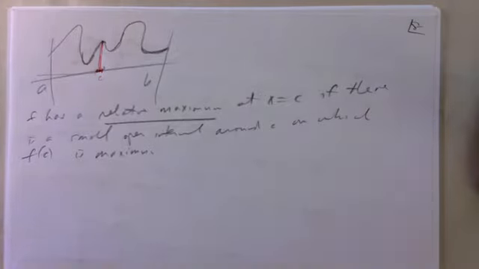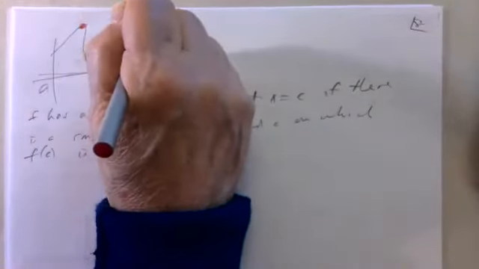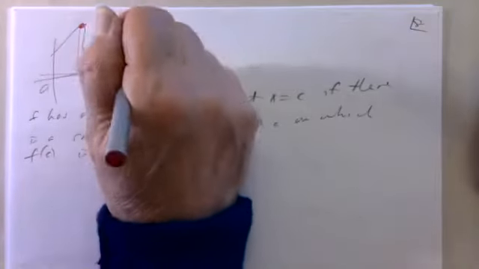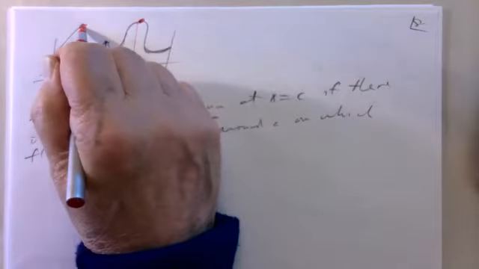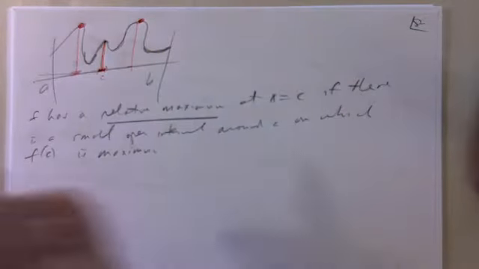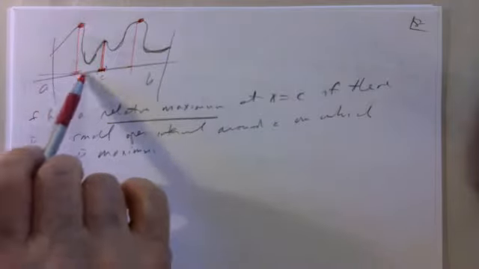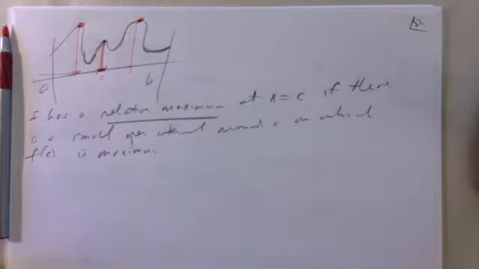So this function actually has, the way I've drawn it, 3 relative maxima. This is also a relative maximum, and this is a relative maximum. Because in little intervals around each of these 3 points, the function is bigger at that point than it is anywhere nearby. So relative to everything else, these are maximum points.